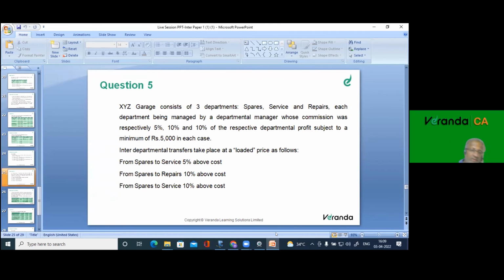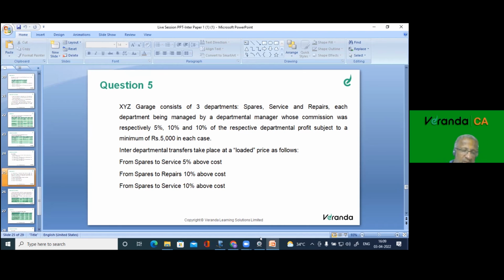Question number 5. XYZ garage consists of 3 departments: spares, services, and repairs. Each department is managed by a departmental manager, whose commission was respectively 5, 10, and 10% of the respective departmental profit, subject to a minimum of 5,000 in each case.